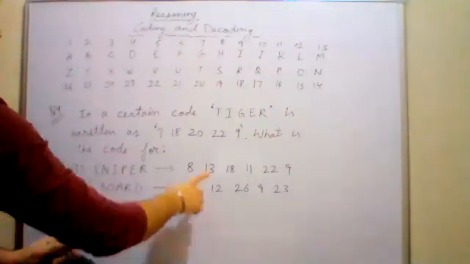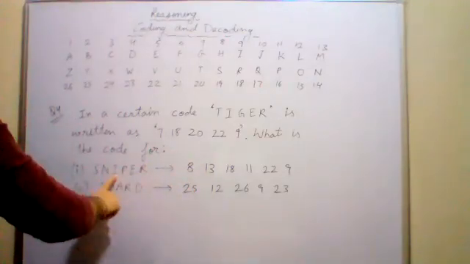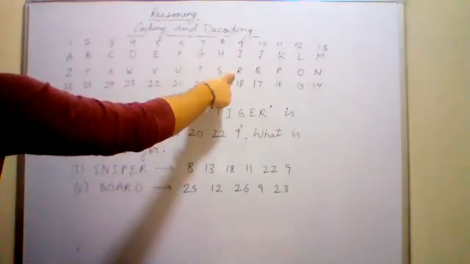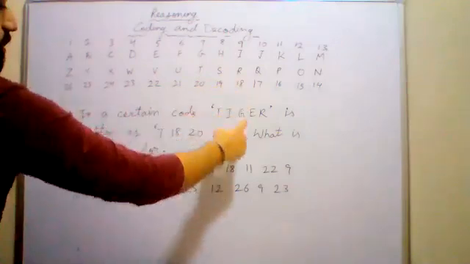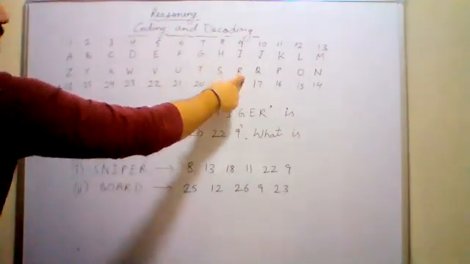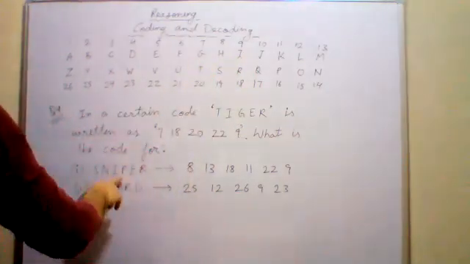Okay. I, the letter opposite to I is R, and the number for R is 18. It is very simple. You have to just write the number of the opposite letter.